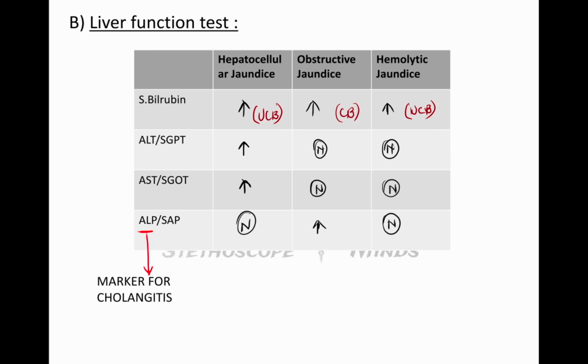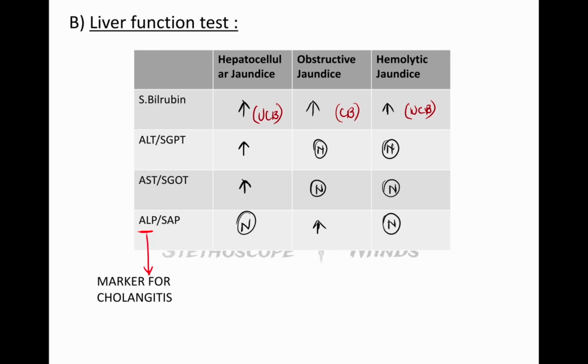I will just tell the definitions of these. First one, hepatocellular jaundice. It is a type of jaundice resulting from direct damage to the liver, with liver enzymes like SGPT, SGOT affected. Next, obstructive jaundice. It results when there is obstruction in the bile duct between the liver and the intestine, so the bile is accumulated in the ducts.